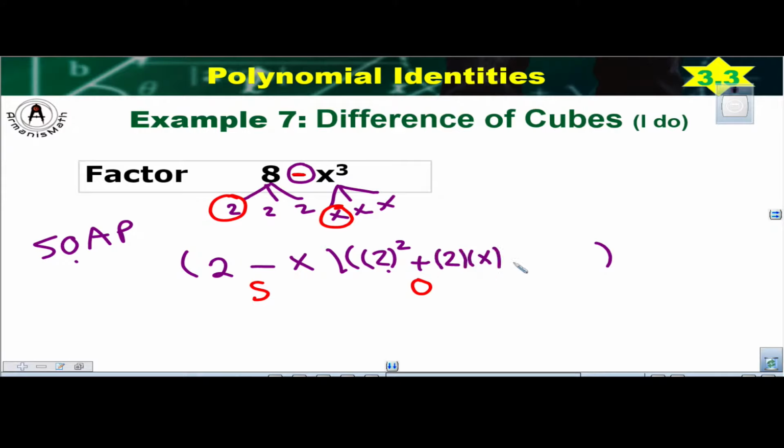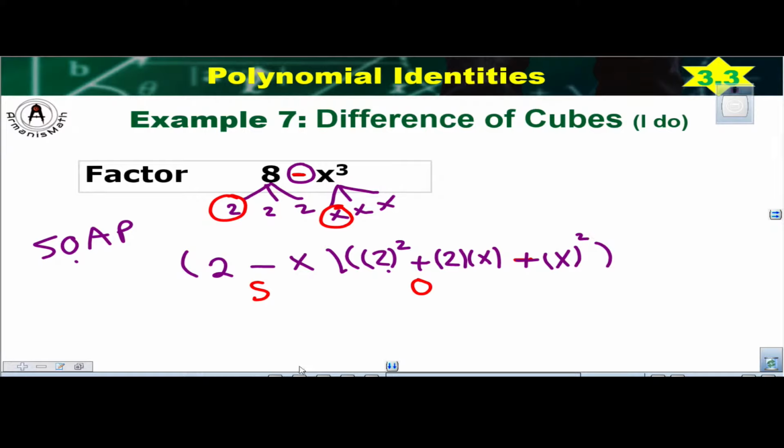Okay, and the last one, does anybody remember what AP stands for in SOAP? That's true. So this sign has to be positive, which is always positive. And then I'm going to square this item, which is x by itself. So x, and then square it.